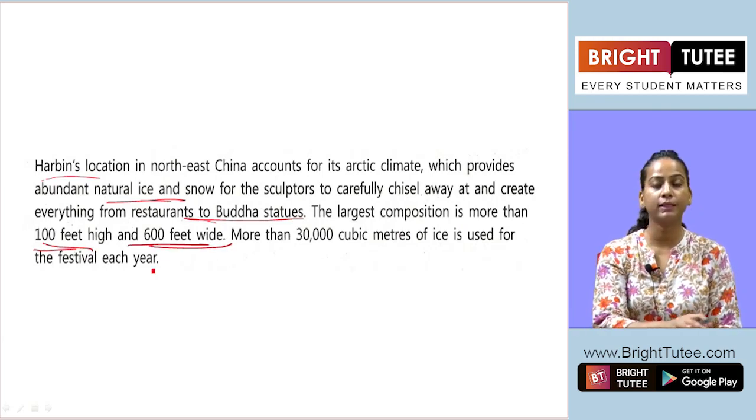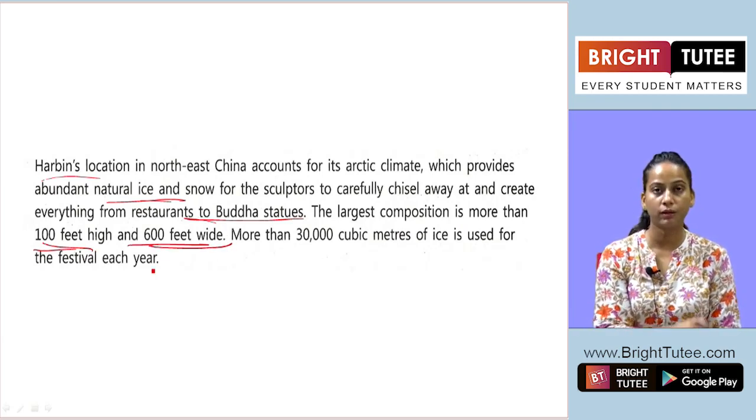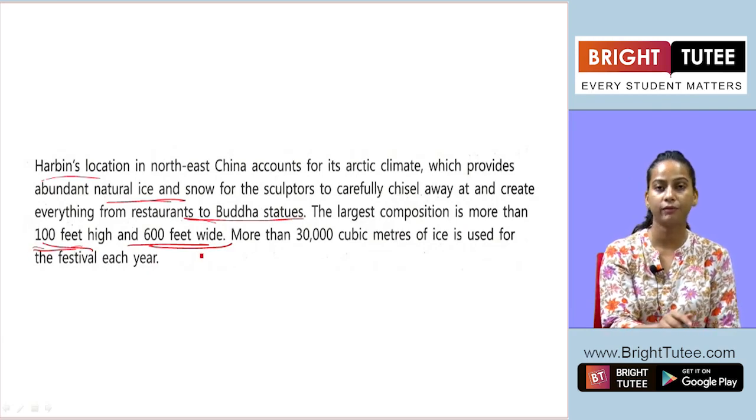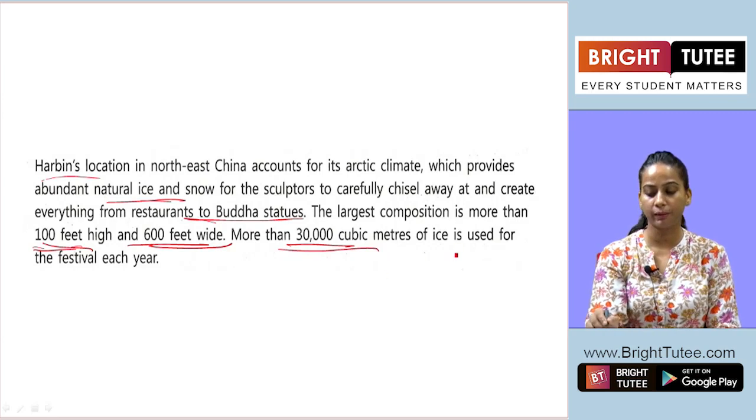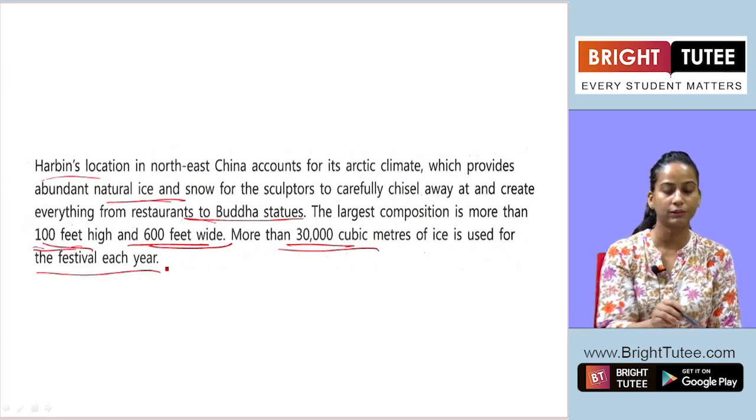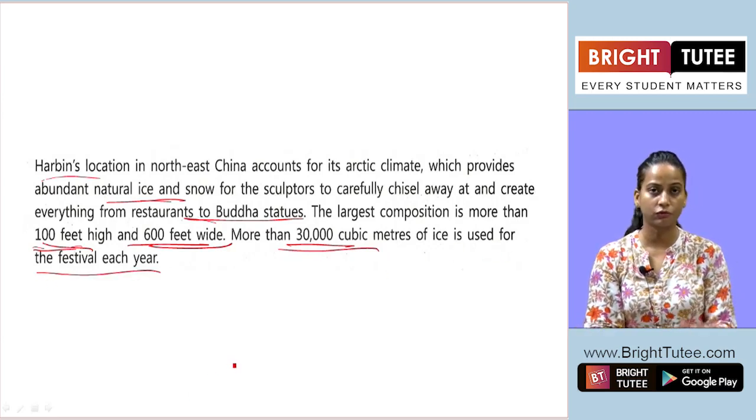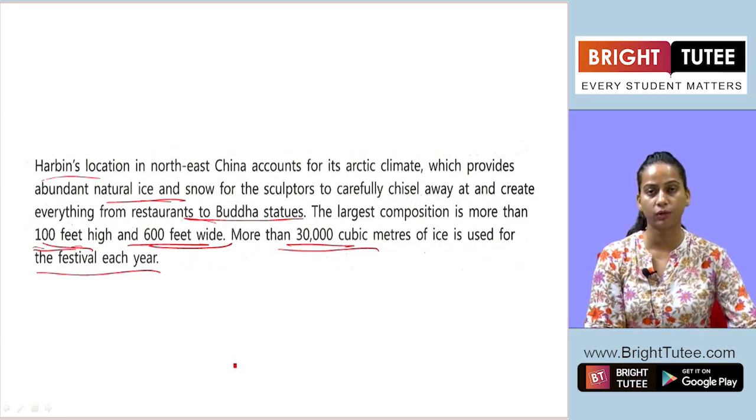So whatever information is given here, we need to keep focused, like 100 feet high and 600 feet wide. More than 30,000 cubic meters of ice is used for the festival each year. So this is also the data we need to keep focus on.